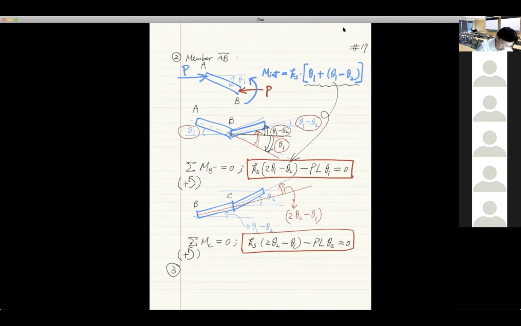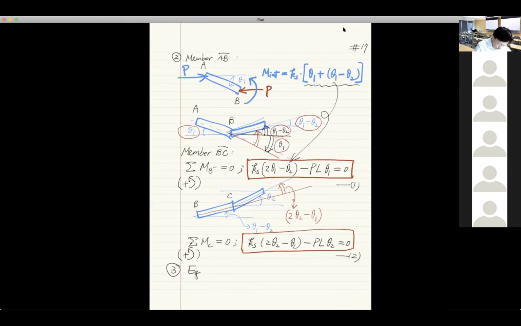So if one is member AB and this is actually member BC, we can express these two equations in the matrix form by isolating variables theta 1 and theta 2 into a vector form. So the equation 1 and equation 2, we're going to do this.